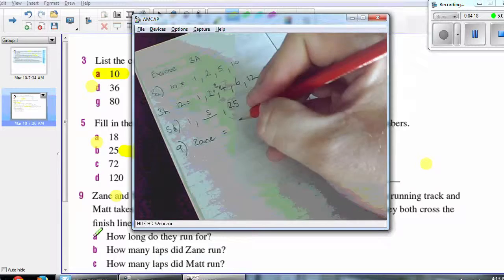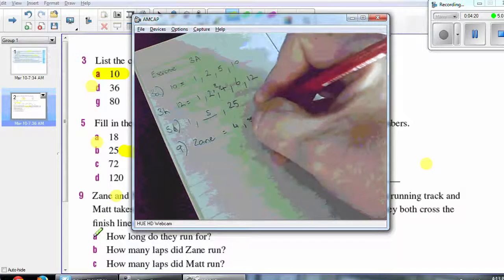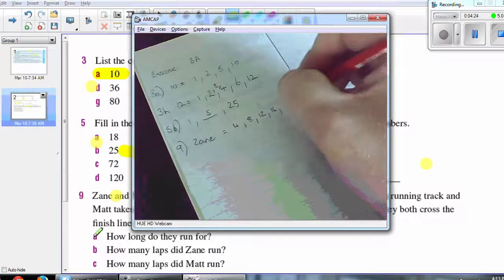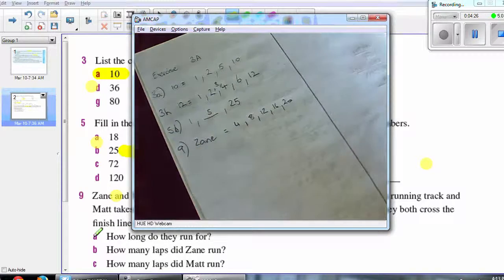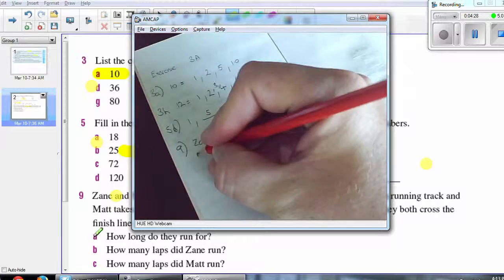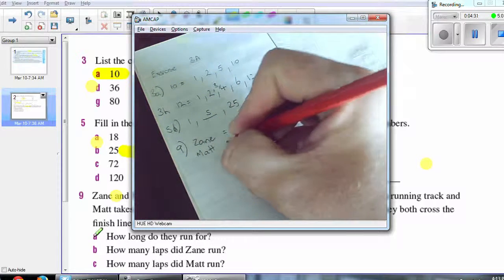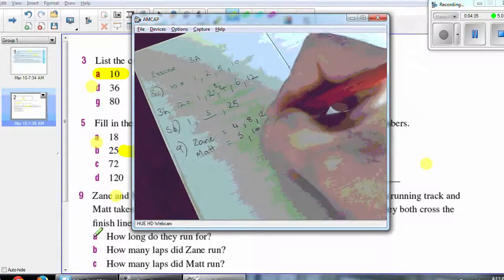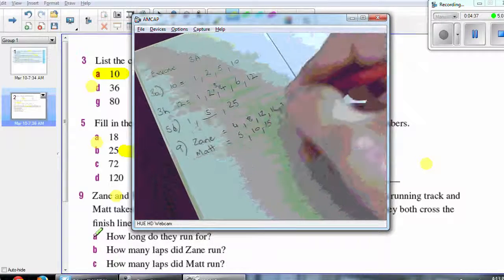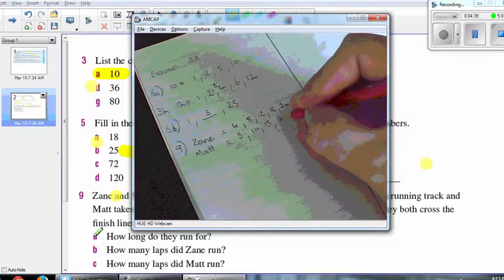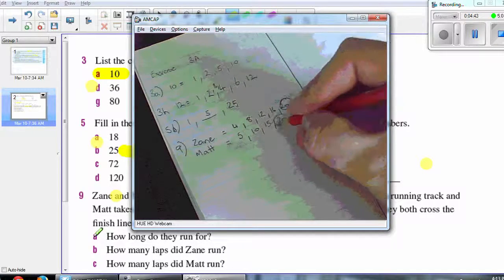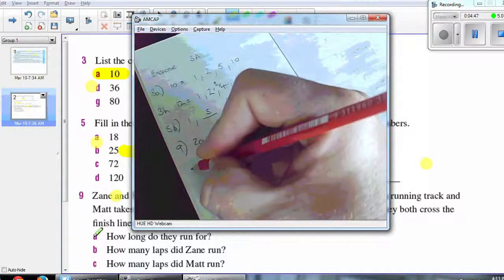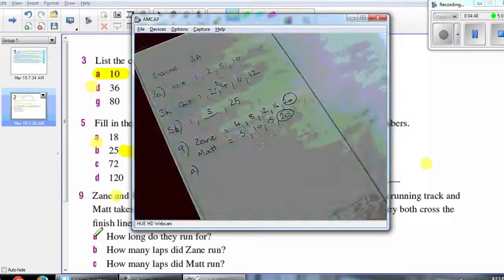So what you need to work out here is basically the multiples. If they're both running around the track and they both want to cross the finish line at the same time, you need to work out the multiples. So for Zane, he is going to cross the finish line at minute 4, at minute 8, at minute 12, at minute 16, and at minute 20.